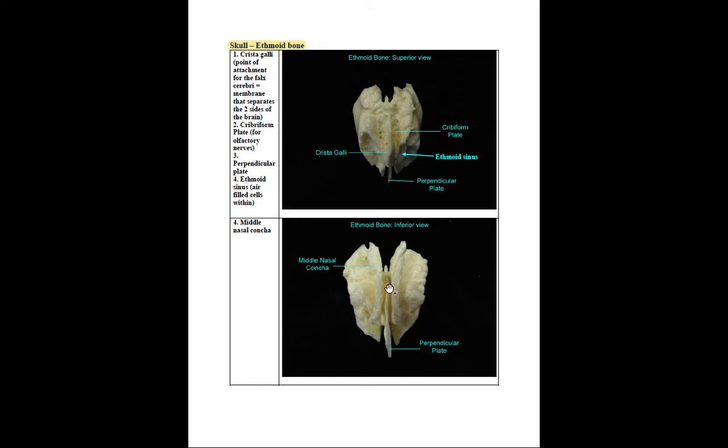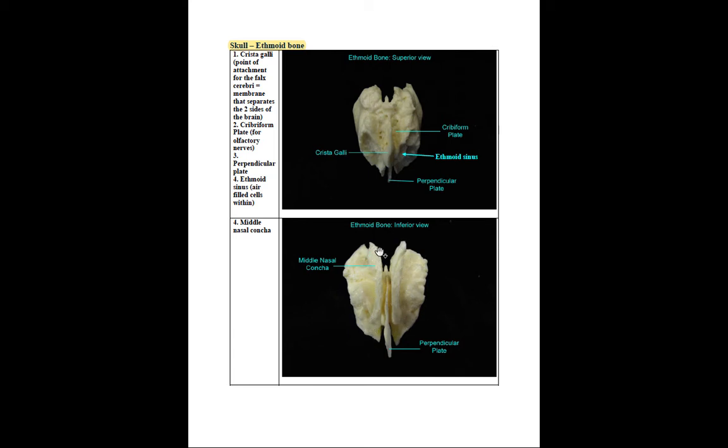So there's perpendicular plate. The ethmoid sinus, so you can see the ethmoid sinuses here are going to be these kind of big air filled spaces here. So ethmoid sinus. And then middle nasal concha, or conchae is the plural.